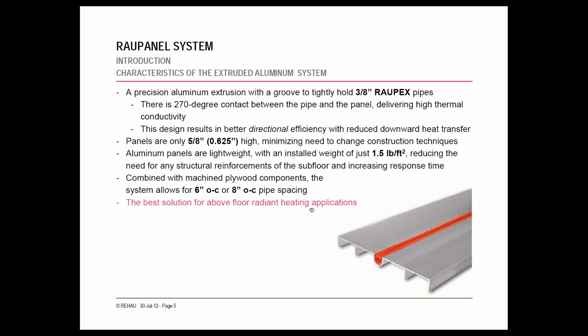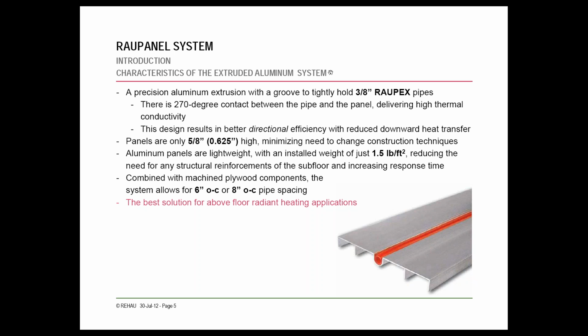As it says here, best solution for above floor radiant. In a dry application, this is a really fantastic way to add radiant to a space without the thermal mass. As we mentioned before, I would not install under floor joist space heating just because of the weight. If weight's really an issue, this is the type of system you would want to look at.